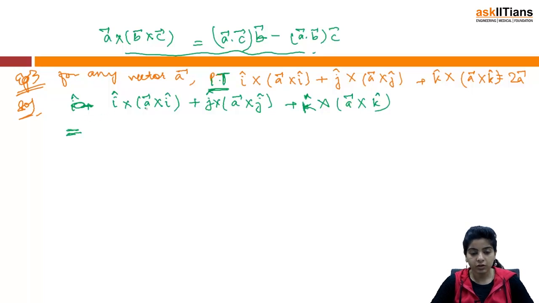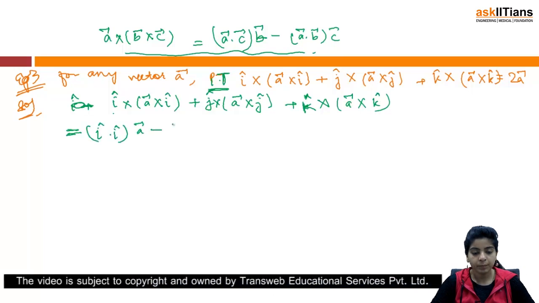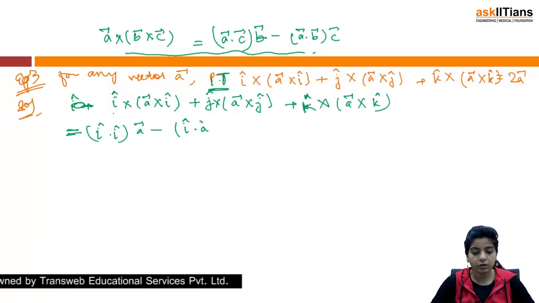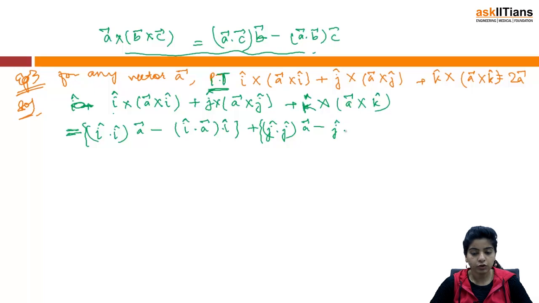So we have I cross, now this is A, this is my B, this is my C. So A dot C into B minus A dot B into C. This is what I get from the first term. Let us enclose it within brackets. Then I have A dot C into B minus A dot B into C.